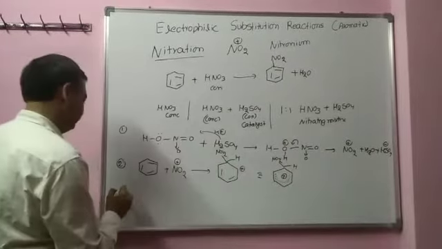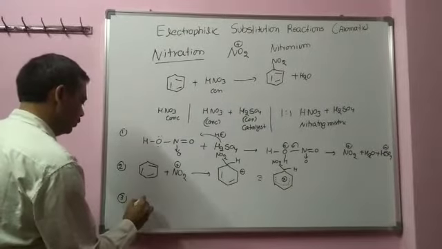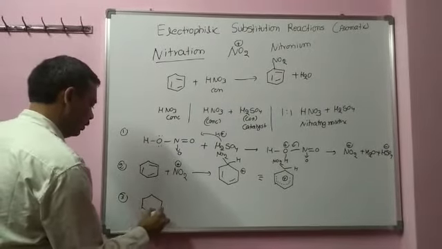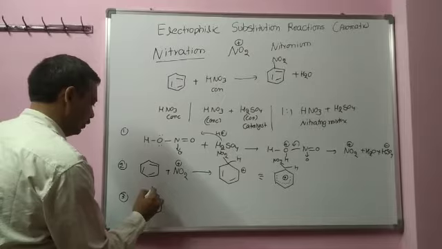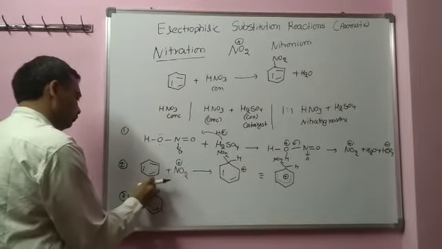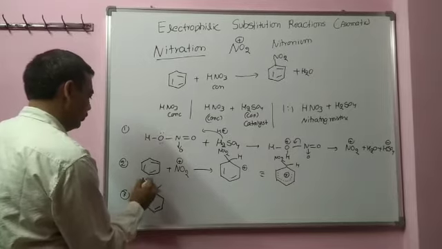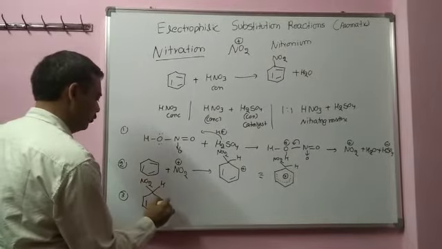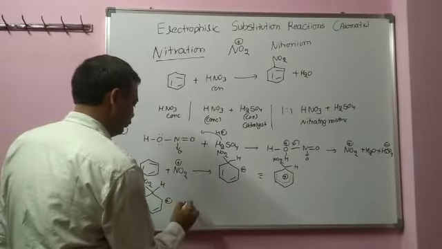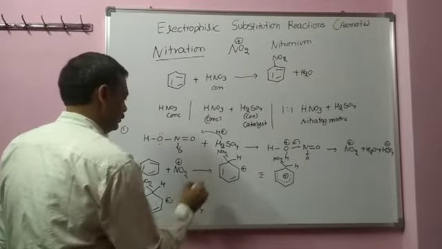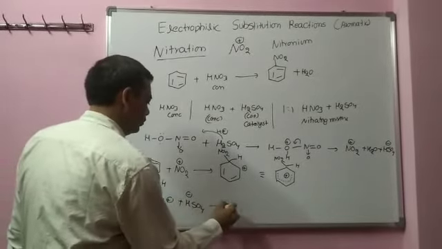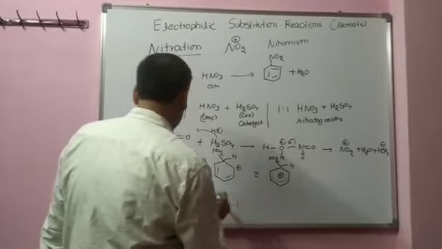The third step is removal of the old electrophile, the hydrogen, by using HSO4 minus. We have HSO4 minus in the reaction, so it removes the proton to give nitrobenzene.